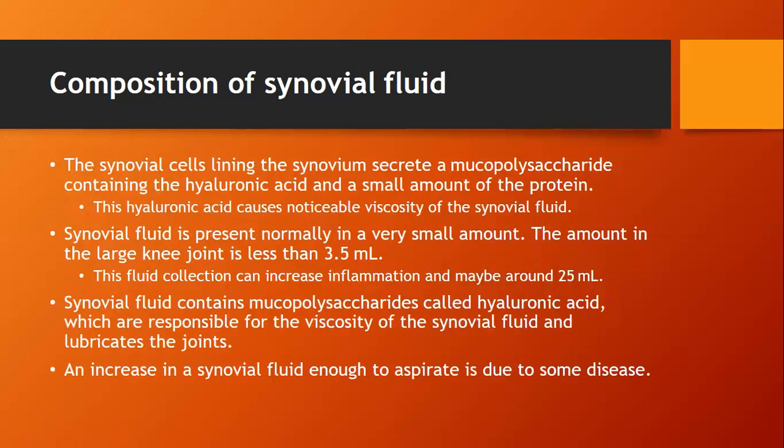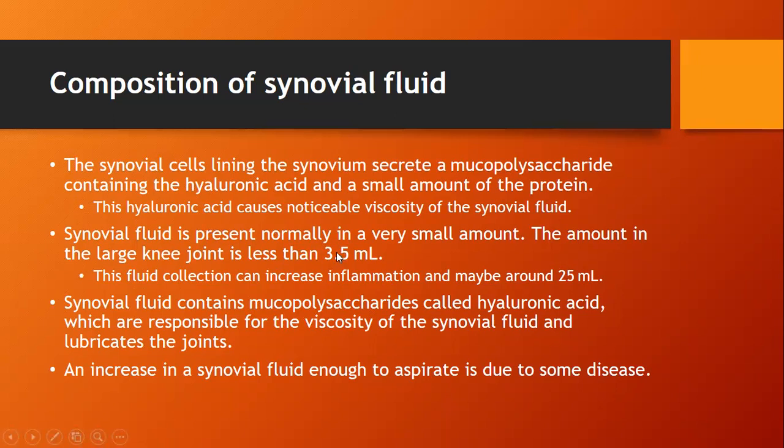Now, the synovial cells, or the synoviocytes lining the synovium, secrete the mucopolysaccharide. And what is that mucopolysaccharide? The hyaluronic acid, which is responsible for the viscosity and the lubricating effect of the synovial fluid. And synovial fluid is present in a small amount, particularly in a large knee, about less than 3.5 ml.